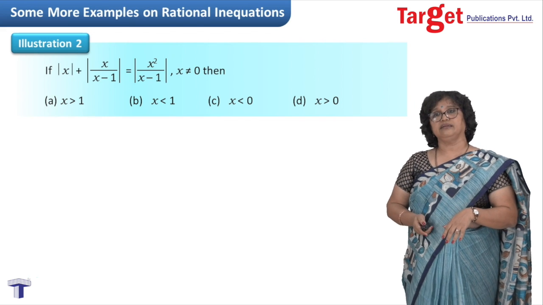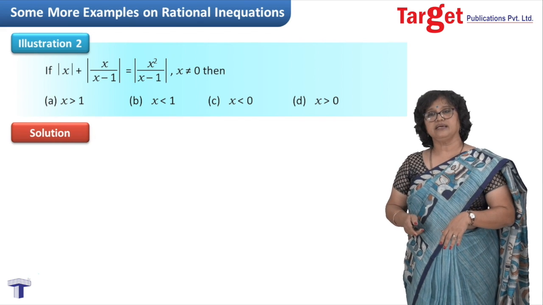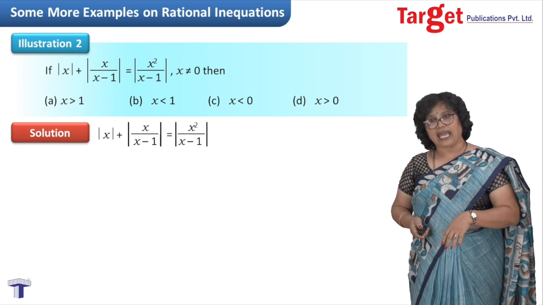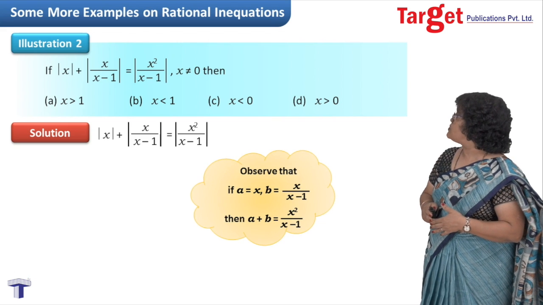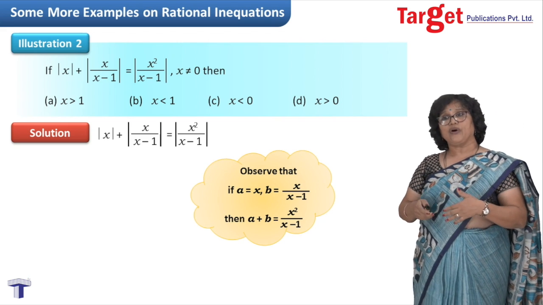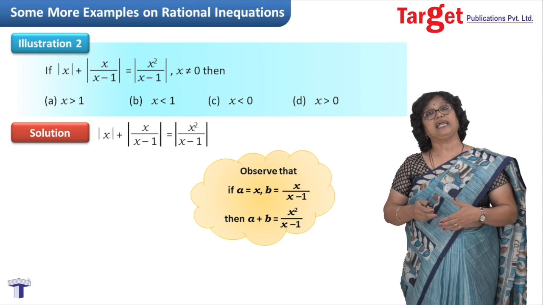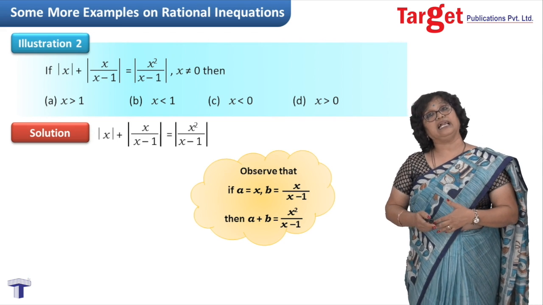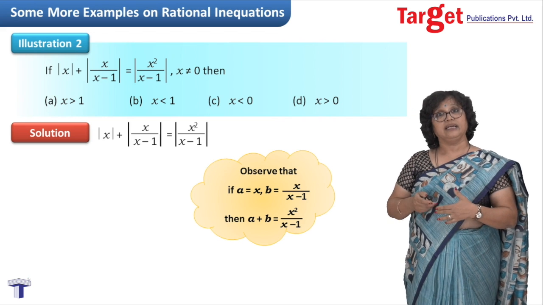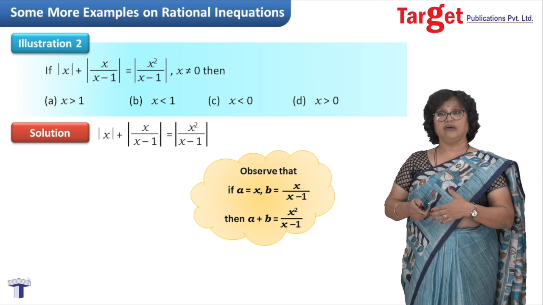I start with the given equation and I notice that if I take in place of x as a and in place of x upon x minus 1 as b, and if I go for a plus b, I find it is nothing but x square upon x minus 1. And on the right hand side, the absolute value inside is given as x square upon x minus 1 only.